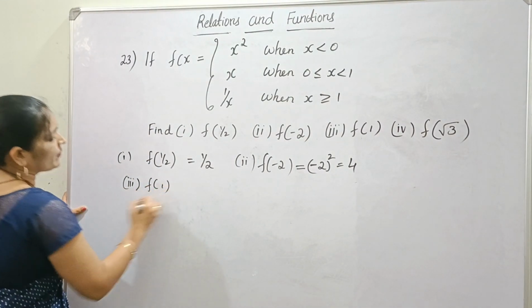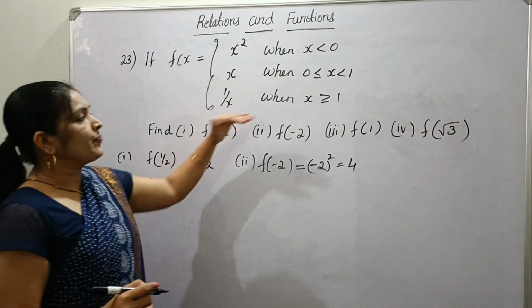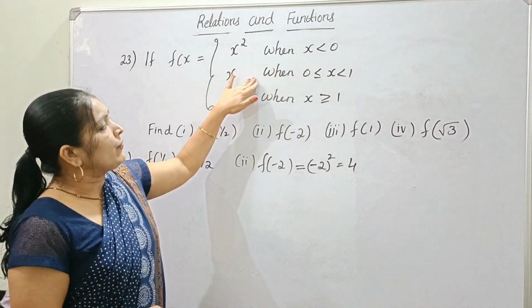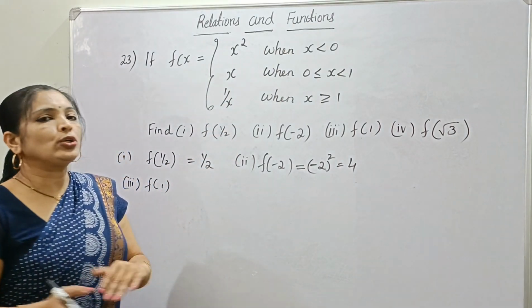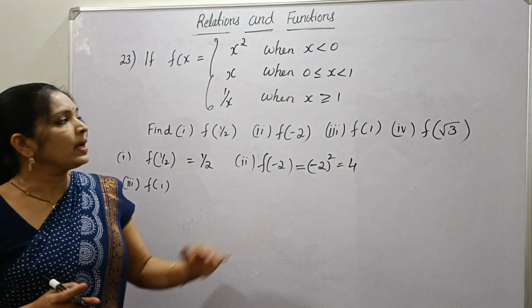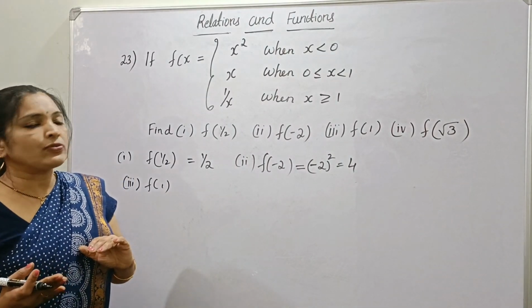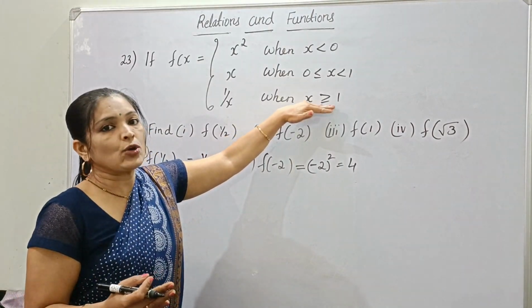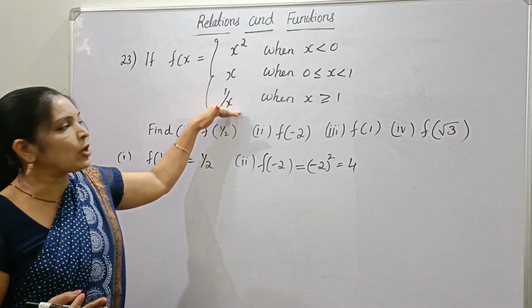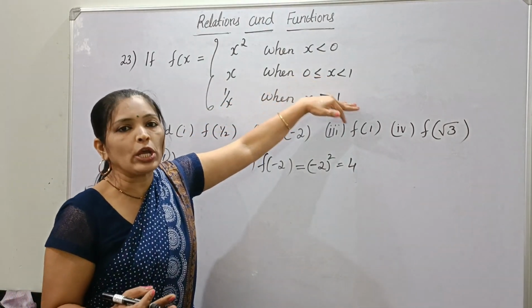f of 1. Okay, see here it is given, the second function is when 0 is less than or equal to x less than 1. And when x is equal to 1, the function is 1 by x, because it is x greater than or equal to 1.